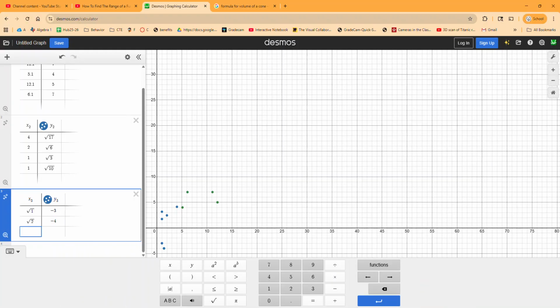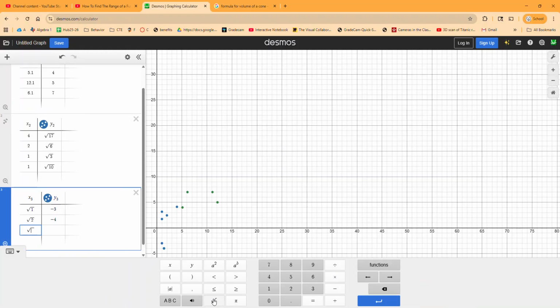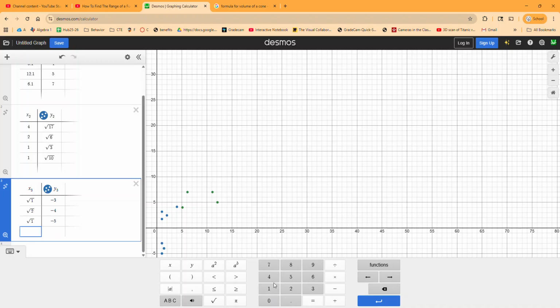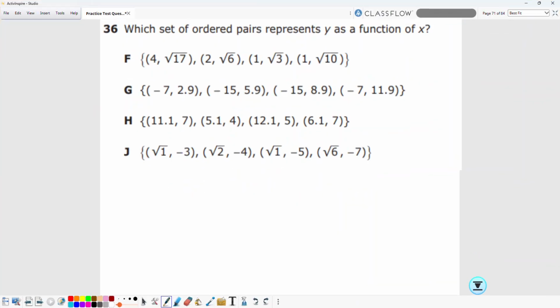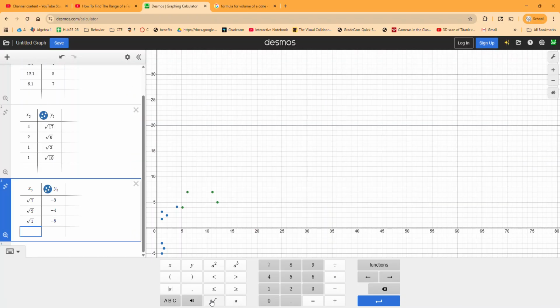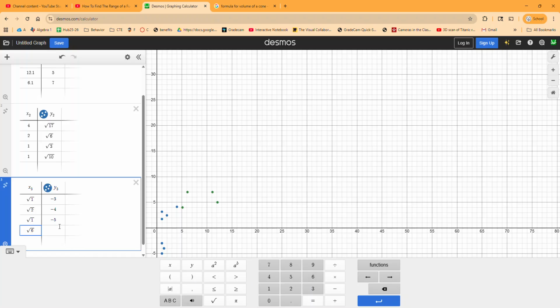Oops, we don't want to put the negative 5 there. We'll go to the next. There we are. Okay, last number in that series, square root of 6 and negative 7. So we got square root of 6, and then we've got negative 7.